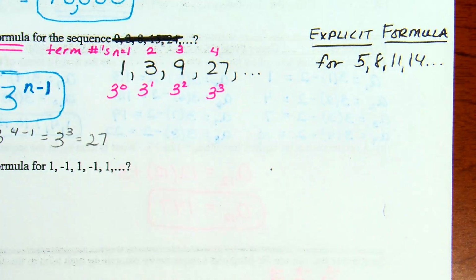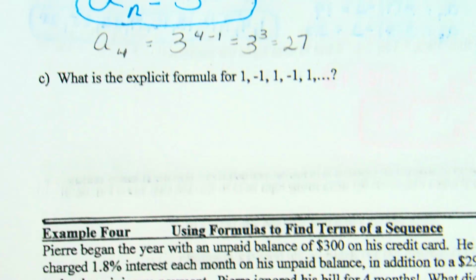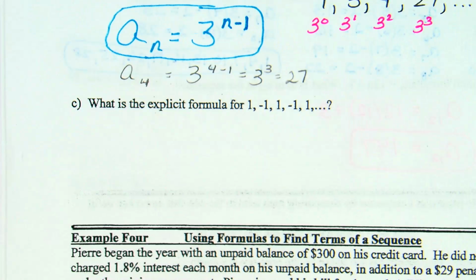Okay, so C. What is the explicit formula for 1, negative 1, 1, negative 1, 1? You know where it goes from there. Negative 1, 1, negative 1, 1, negative 1, so on and so forth all day long. You guys can probably already tell me the recursive formula. As long as we know the previous term, what are we doing?